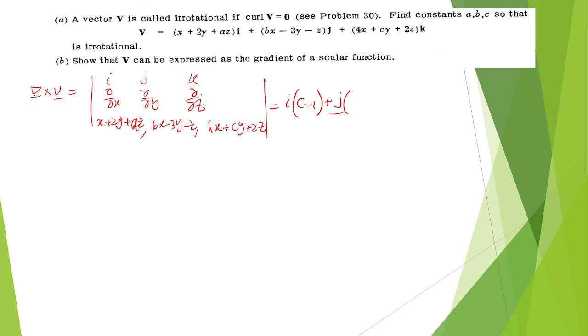So in the j case, partial by partial z will be differentiated over here, so I will get only a from here, minus partial by partial x will be differentiated over here, so that is minus 4. And then k.